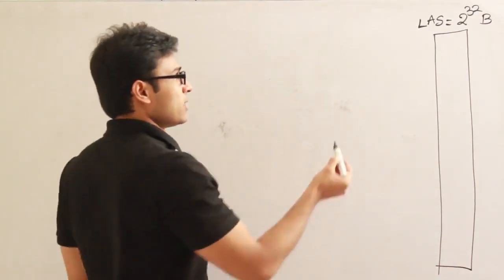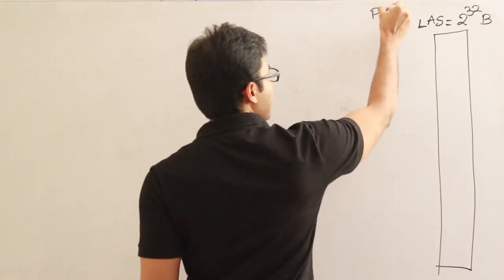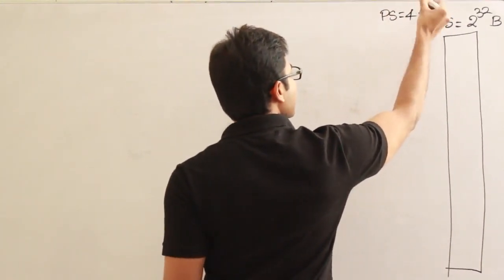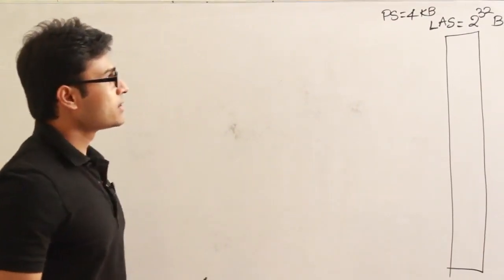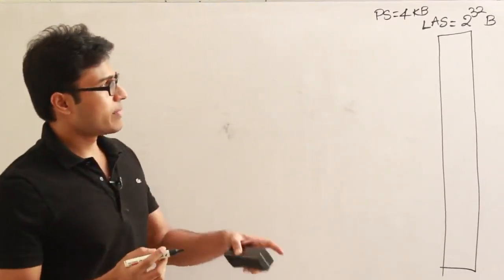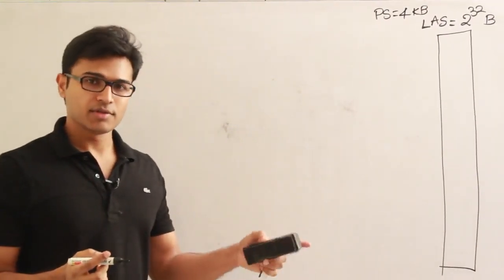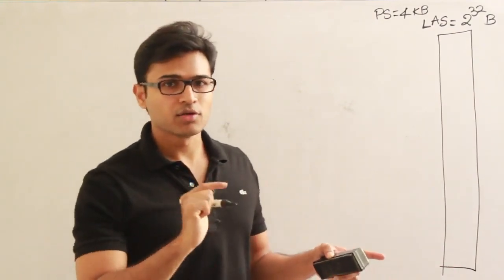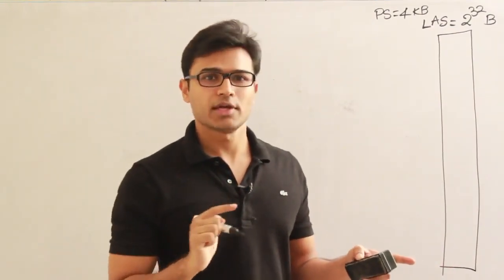And now assume that the page size is equal to 4 KB. So what does it mean? The size of the page is equal to the size of the frame, which is 4 KB. Therefore the process has to be broken into pages, each of size 4 KB, right?